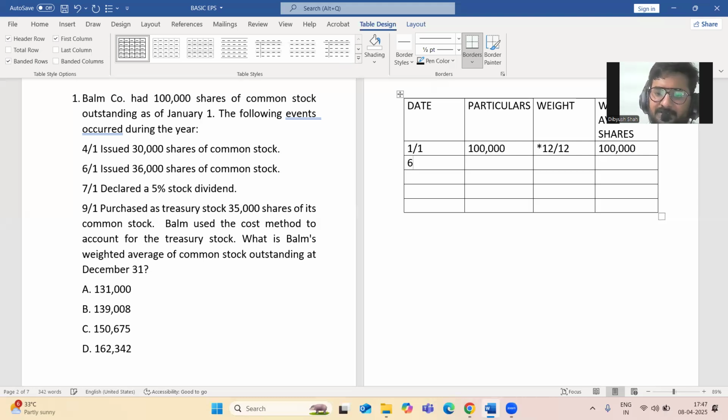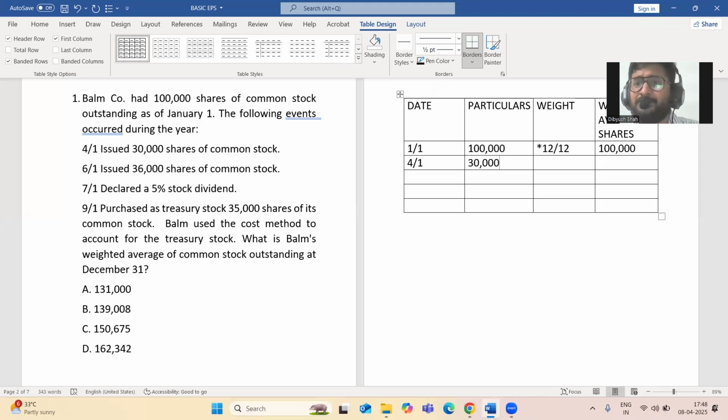On 1st of April, they issued 30,000 more shares. Now these shares were outstanding for only April, May, June, July, August, September, October, November, December. 9 months.